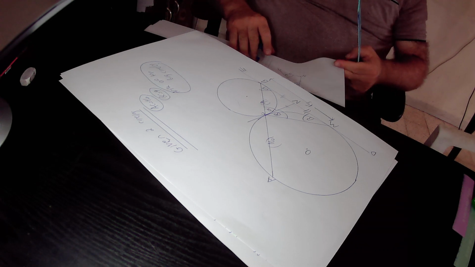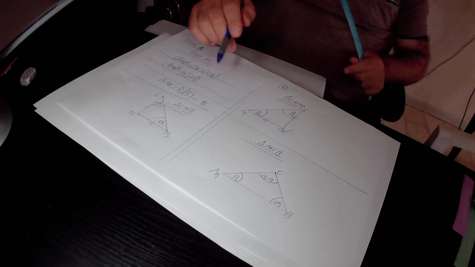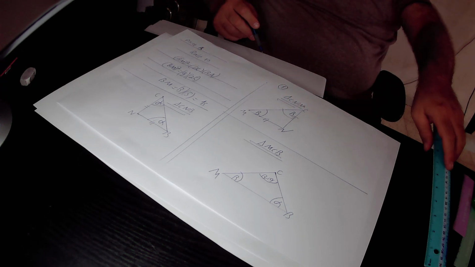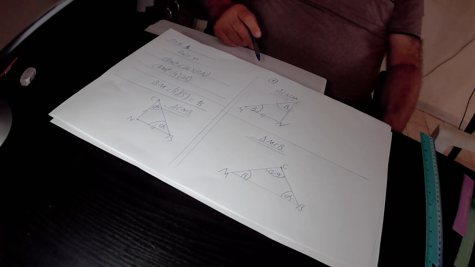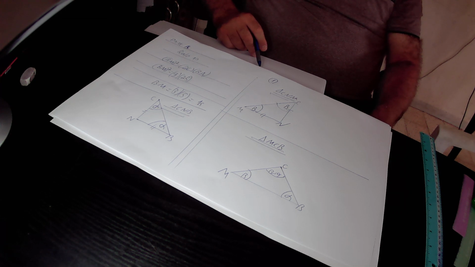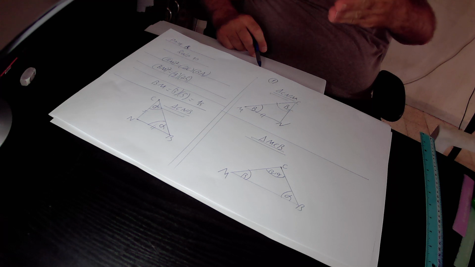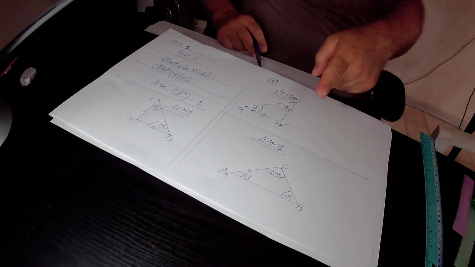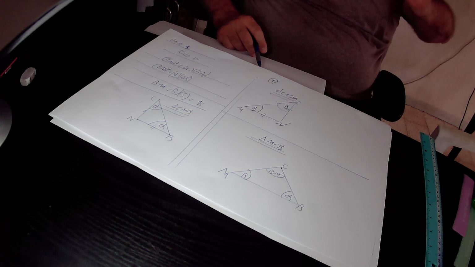So okay, this is triangle MCB that I copied from the original drawing. According to the rule that says that the sum of the angles in any triangle is equal to 180 degrees. It is true in any triangle, and it is of course true in this triangle MCB. So the sum of the angles in triangle MCB must be equal to 180 degrees.